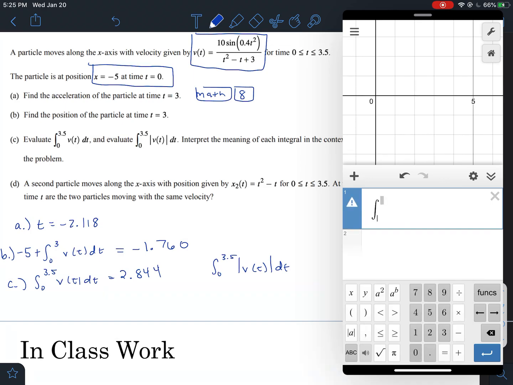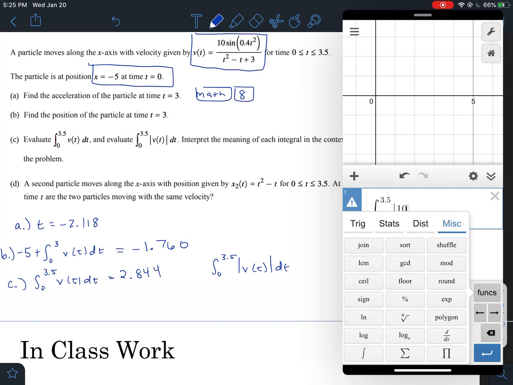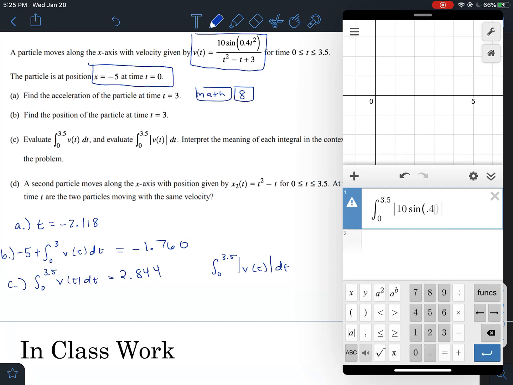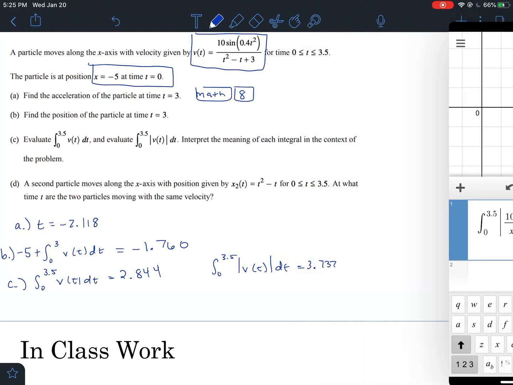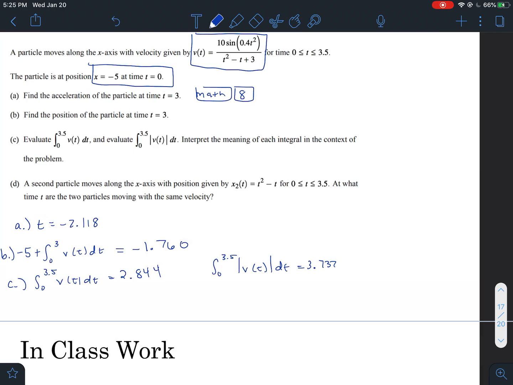So we are going to integrate between 0 and 3.5, and this time we're going to do the absolute value of 10 sine of 0.4 x squared divided by x squared minus x plus 3, and the absolute value, and then dx. And we get the distance traveled between that time would be 3.737. And then it said interpret the meaning.